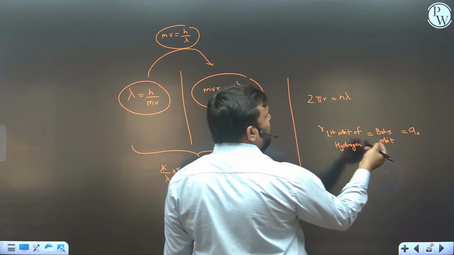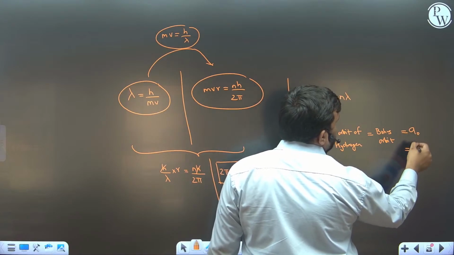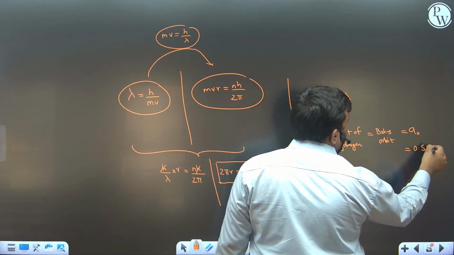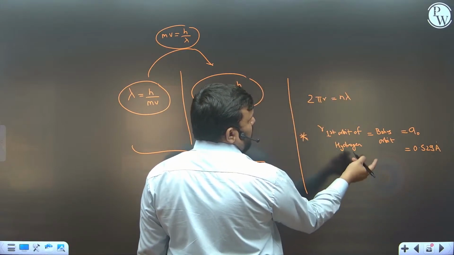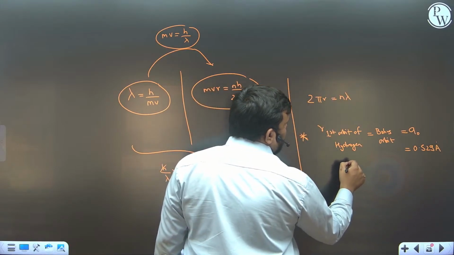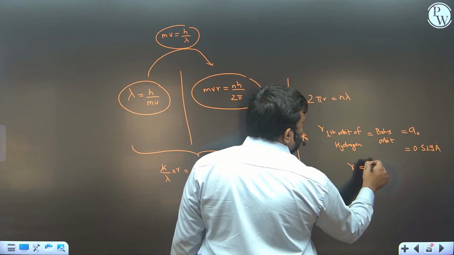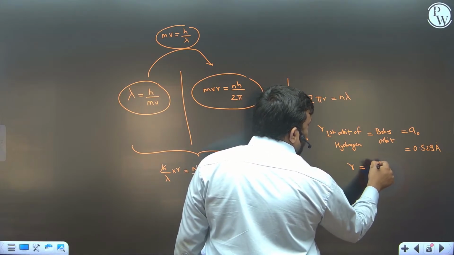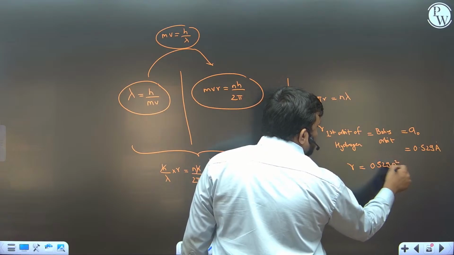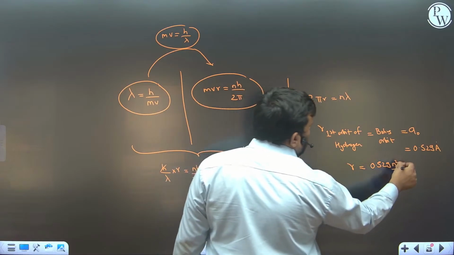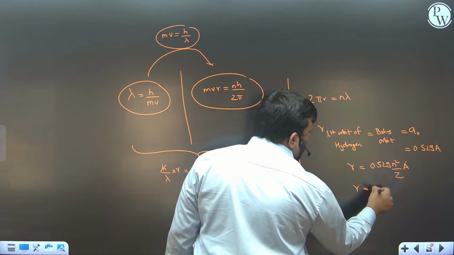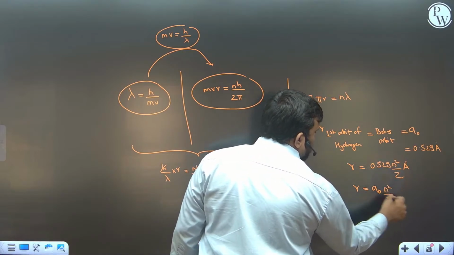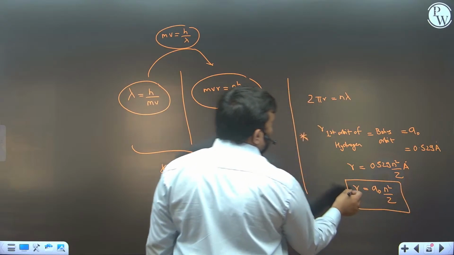So this A naught is 0.529 angstrom. So we have to take the radius equation as r is equal to 0.529 n square by Z. Instead of this 0.529 angstrom, we can put here A naught. r is equal to A naught n square by Z. Just use this equation over here.